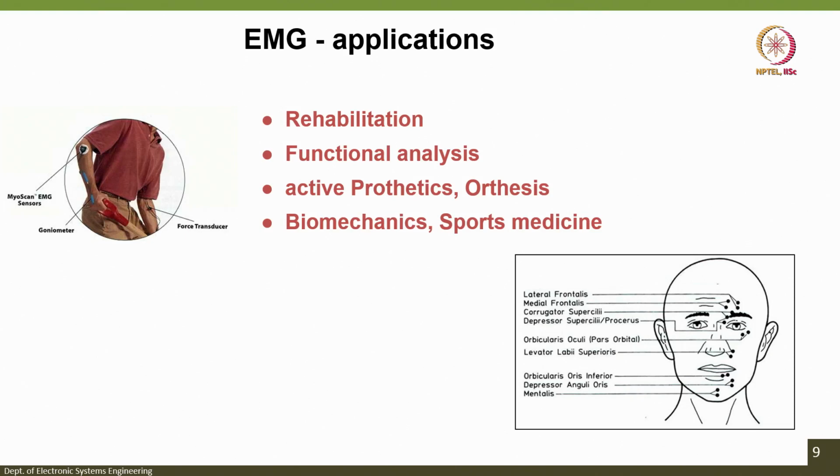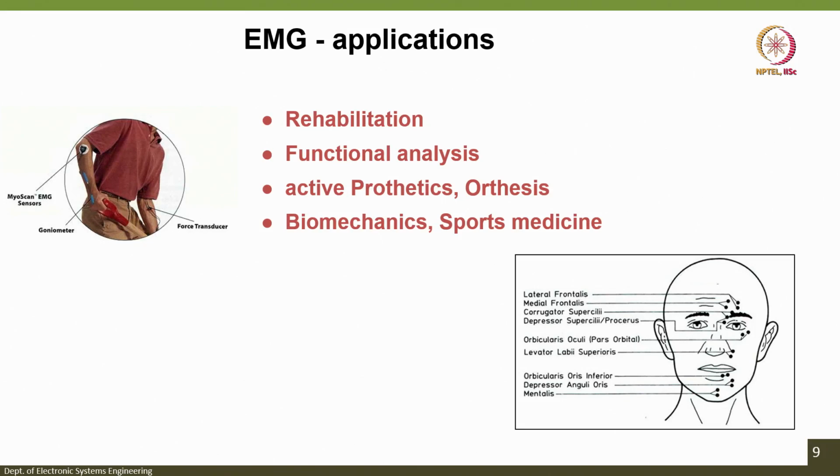The second application is functional analysis, whether a person is functioning well. The third application can be active prosthetics and orthosis. It can be used if you know how to acquire the EMG signal. The application can also be in the area of biomechanics and sports medicine.